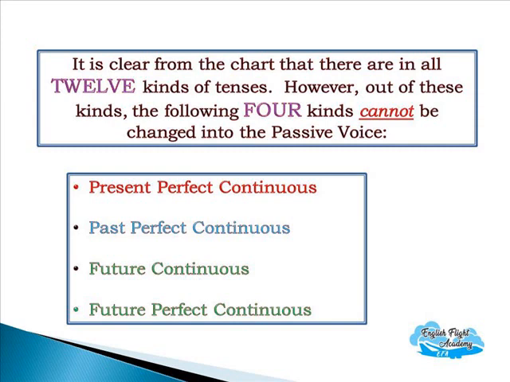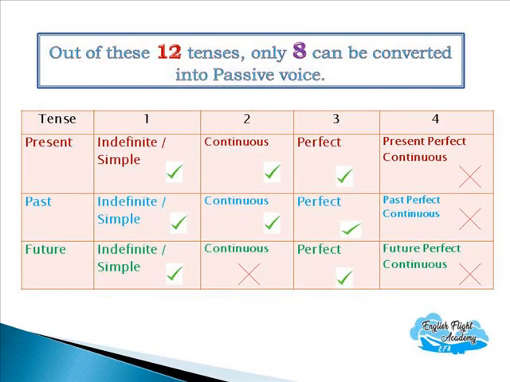However, out of these kinds, the following 4 kinds cannot be changed into the passive voice. And what are they? Present perfect continuous, past perfect continuous, future continuous, and future perfect continuous tense cannot be changed into the passive voice. So what does that mean? Out of these 12 tenses, only 8 can be converted or transformed from the active voice to the passive voice.